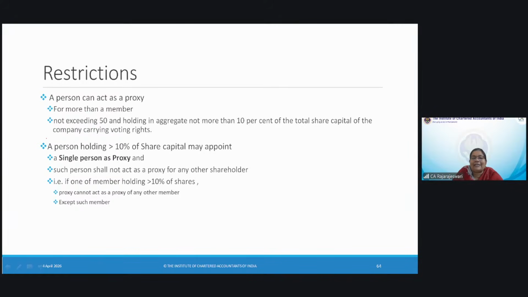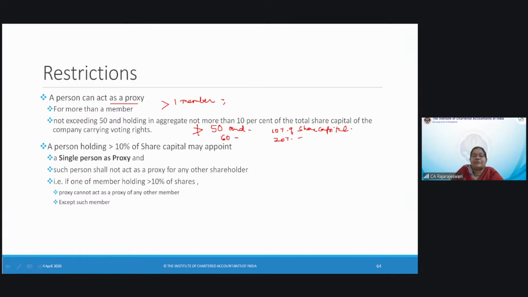Now the restrictions. What are all the restrictions? A person can act as a proxy for more than one member. Anyway, he is not to be counted for the quorum, right? So he can act for more than one member, but not exceeding 50 members and holding in aggregate not more than 10% of the share capital.